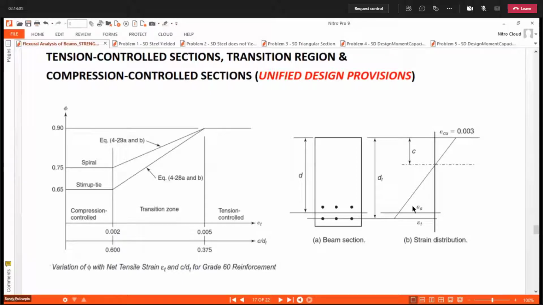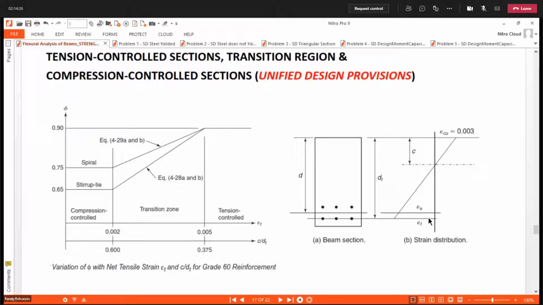So yung epsilon s dito, it referred to the strain for the group of bar, para dito sa group of bar. Itong epsilon t referring to the farther layer of bar from the extreme compression fiber. Okay? So yun yung epsilon t.